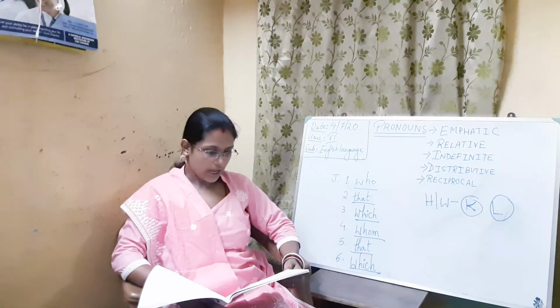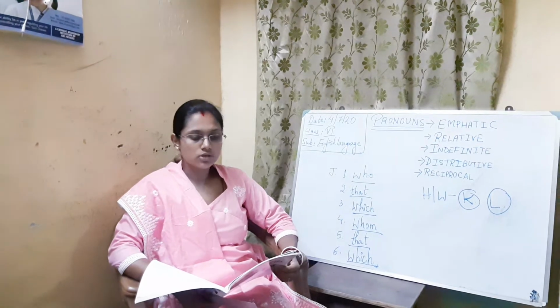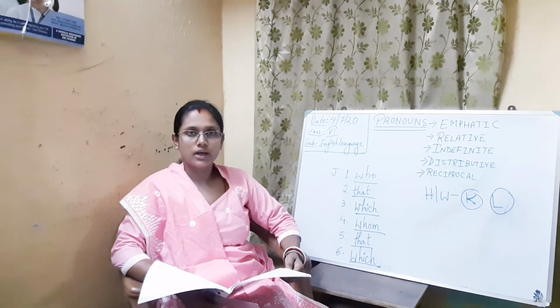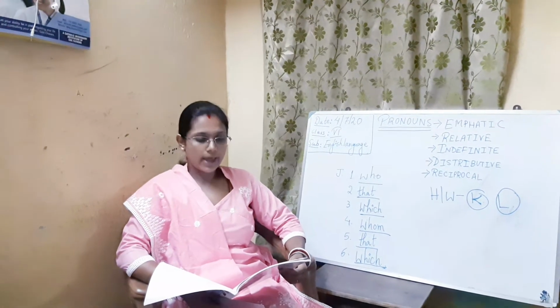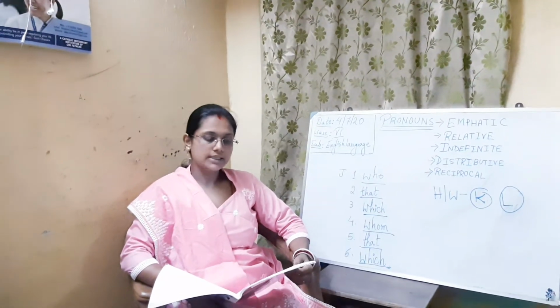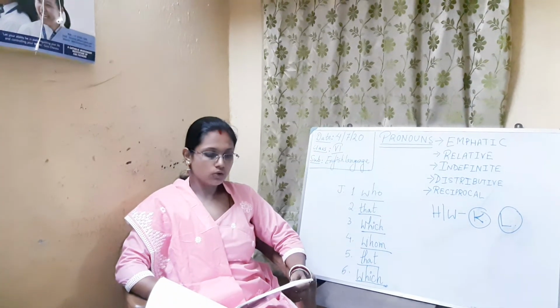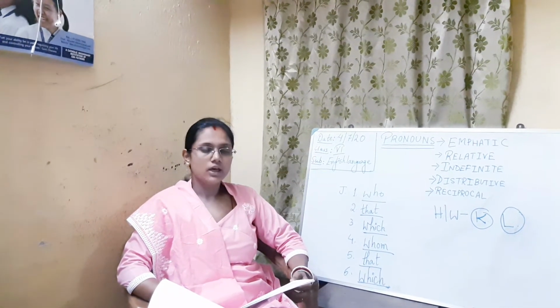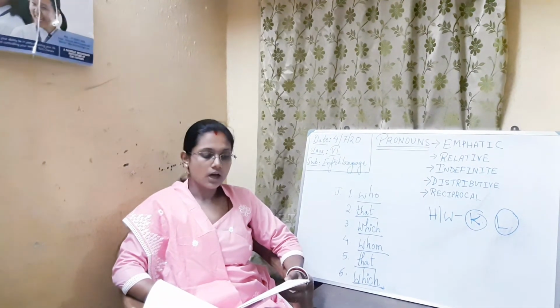And today you will learn about the emphatic pronouns. The form is the same as the reflexive pronoun, but here you have to give more emphasis. For example, she herself asked me to call you. Here the emphatic pronoun which is used is herself.